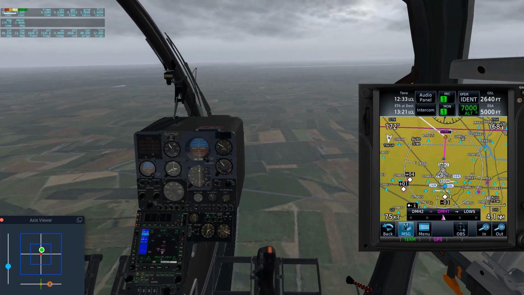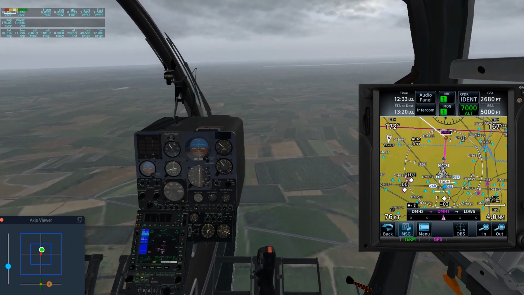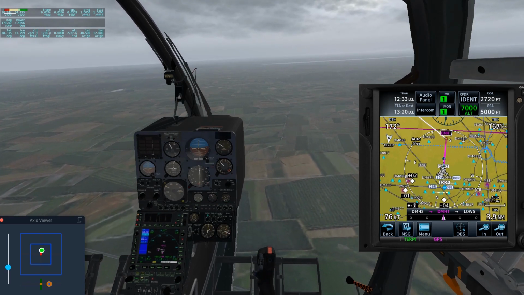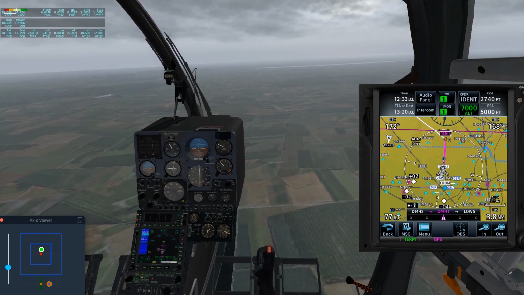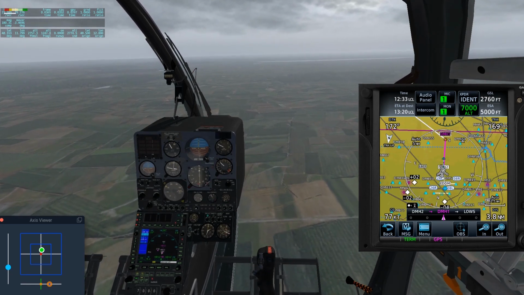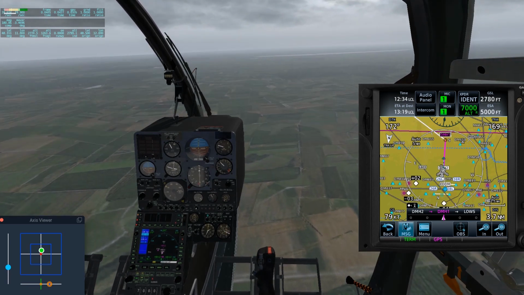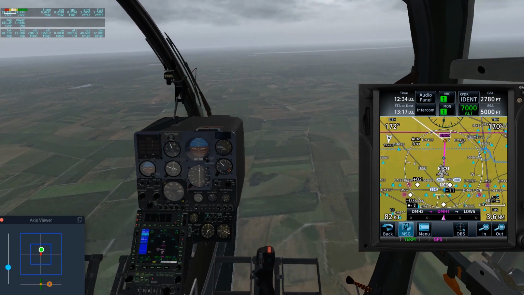Continue, German Air Force 852. Easy 4687, wind 250 degrees, 17 knots, runway 26 left, clear to land.